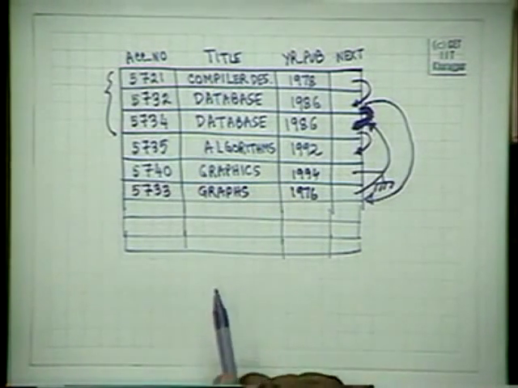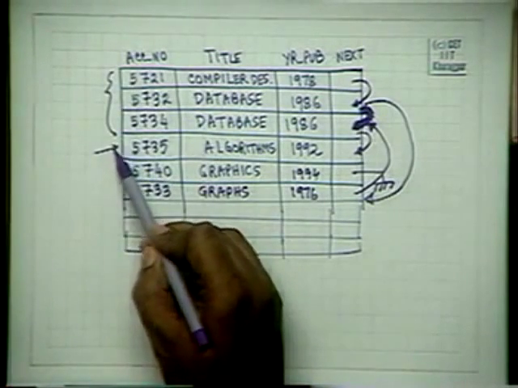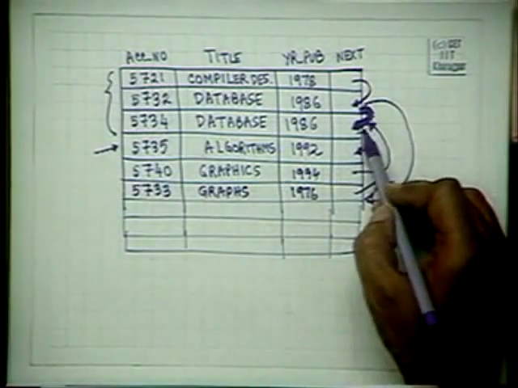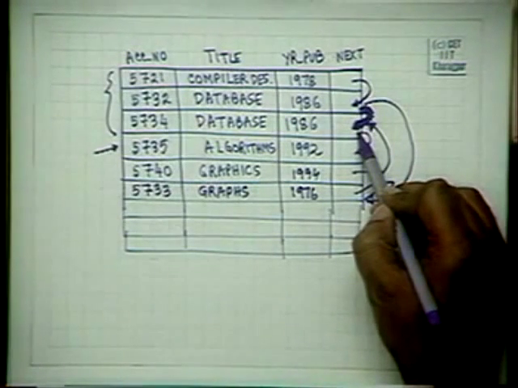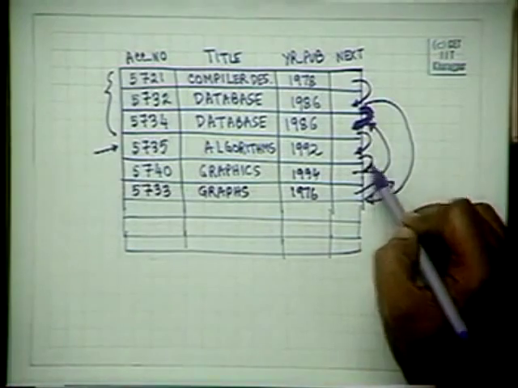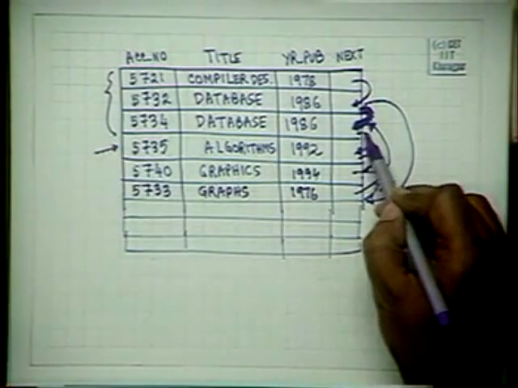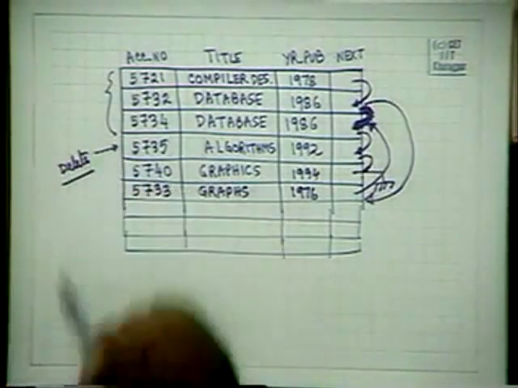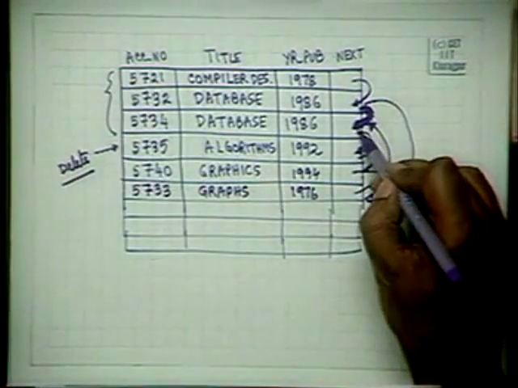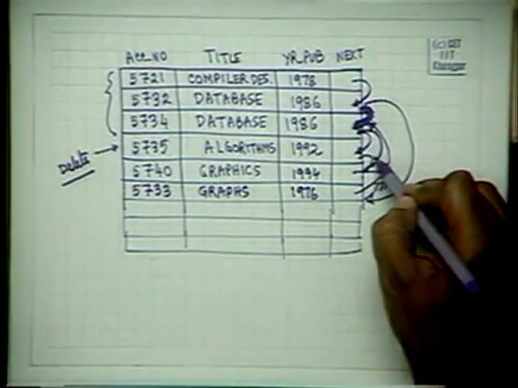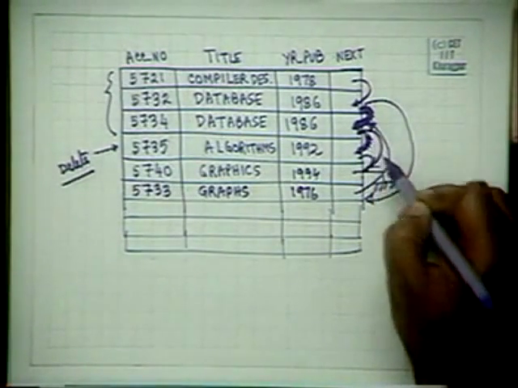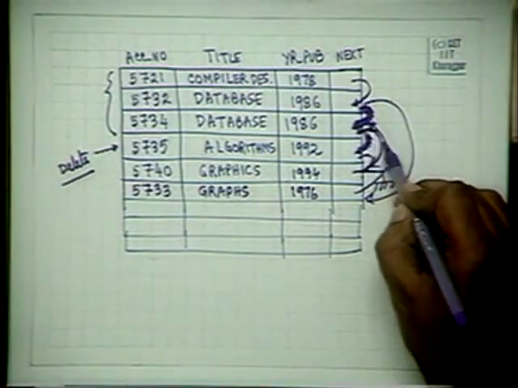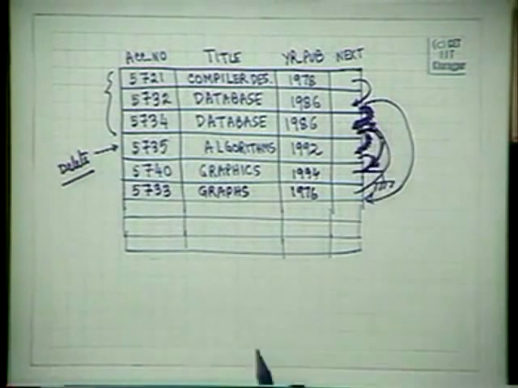Now, deletion. Suppose we have to delete this one, then this pointer will move to the next one. This one was pointing like this. So, this pointer will be removed. So, we will have to delete this one. In order to delete this, this pointer will now point here, and this pointer will be removed.